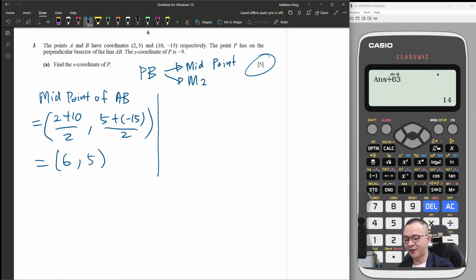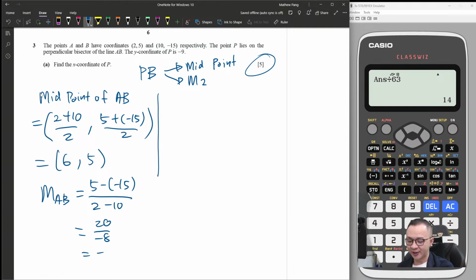Before I find M2, I better find gradient of AB first. It's 5 minus -15 over 2 minus 10. So this one is 20 over -8, which is negative, divided by 4, 5 over 2. Then I can find M2, right? M2 equals to -1 over gradient of AB. You can type in a calculator, you will get 2 over 5.